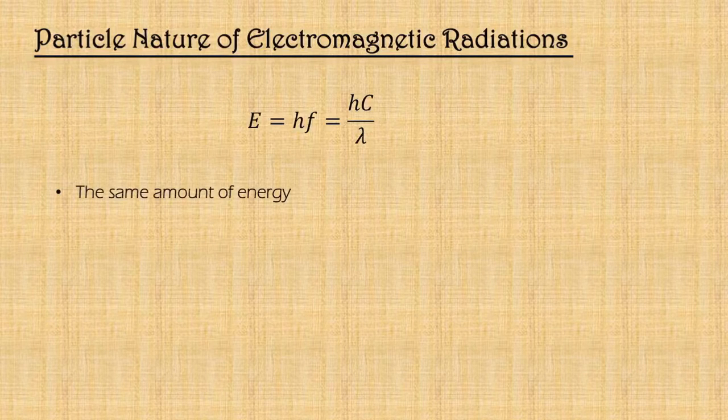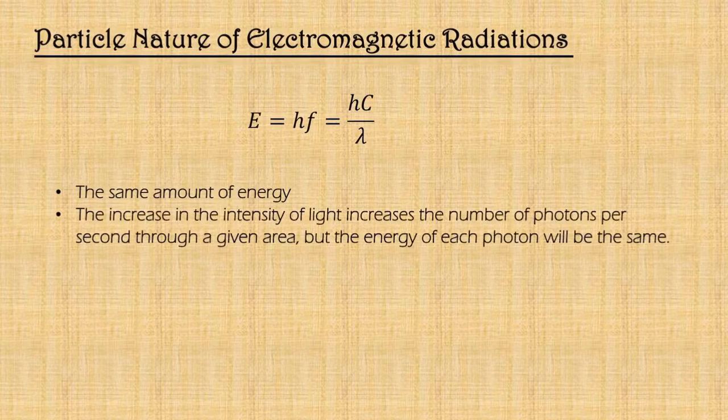In the interaction of radiation with matter, the radiation behaves as if it is made up of particles. These particles are called photons. Each photon has energy which is given by E equals hf equals hc over lambda. All photons of light of a particular frequency have the same amount of energy associated with them.